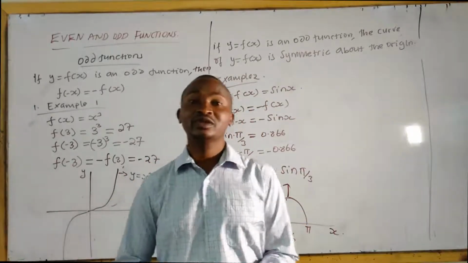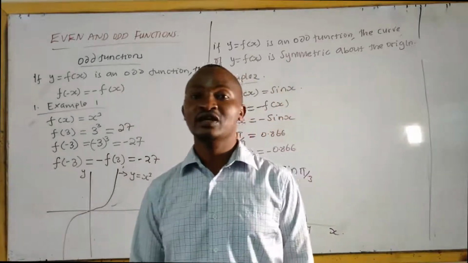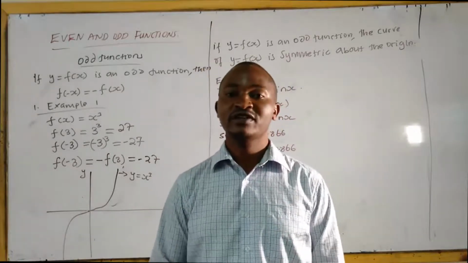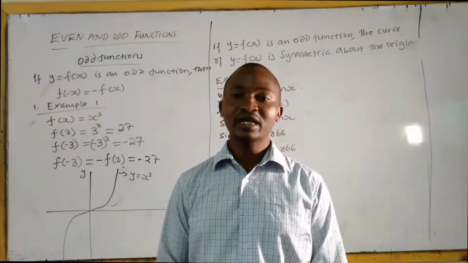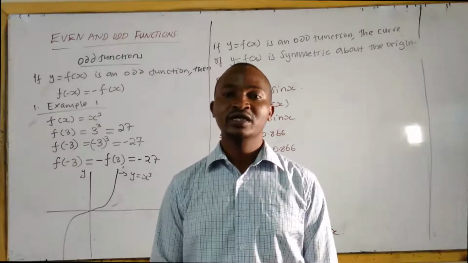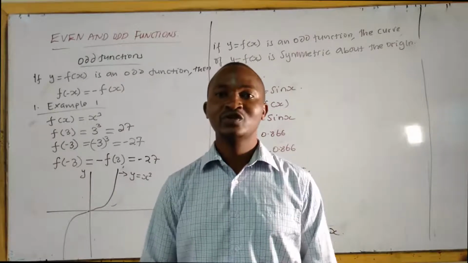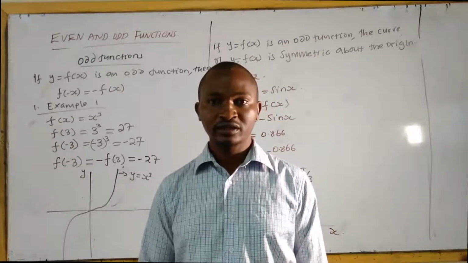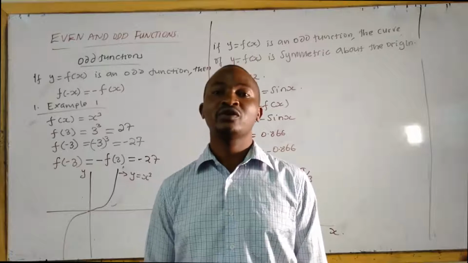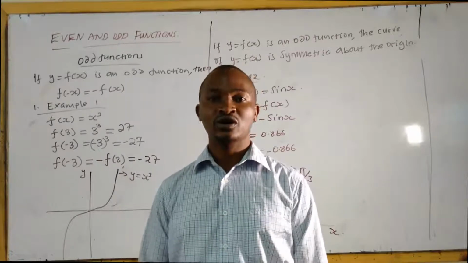Now that we have understood what is an odd function and what is an even function, by looking at a curve of a certain function in the question paper, you should be able to determine whether the function is even or odd.